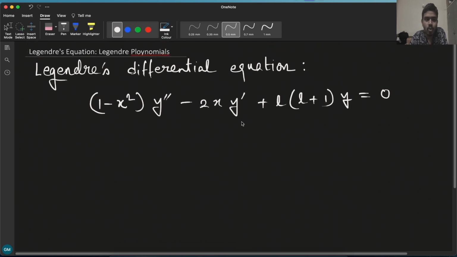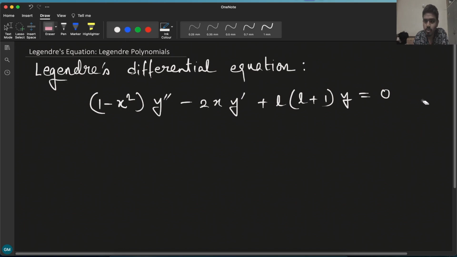So how the angular distribution of the atomic cloud will look like will be given by this Legendre differential equation.